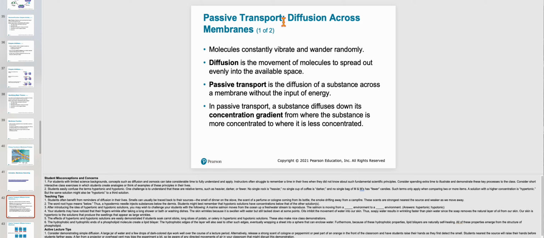When you put a drop of food coloring in a glass of water, you see it slowly permeates the water, and eventually the entire glass is that one color. But it takes a while. It's going from high concentration to low concentration as it permeates through the glass of water. So that's diffusion. Okay, next slide.